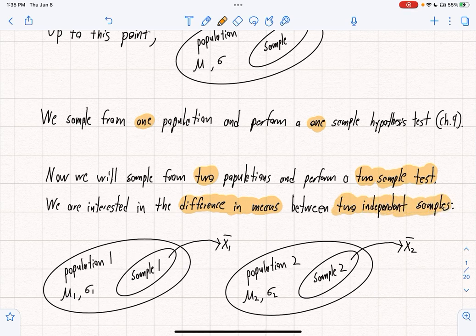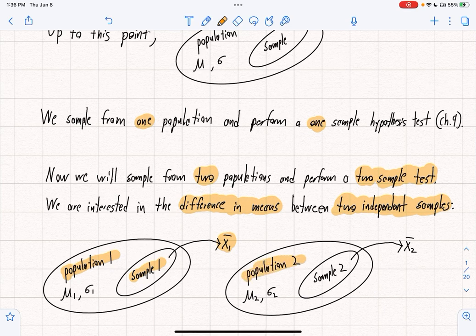So to visualize this, we've got population 1. We represent that here with this circle, population 1. We take that sample and we get an estimate for x bar 1. And it is sampled from a population which has a mean, which we'll call mu1, and standard deviation, which we'll call sigma 1. We're going to compare that to population 2.